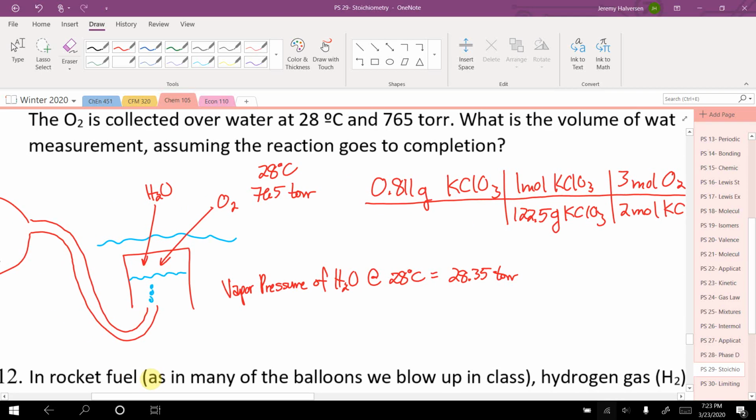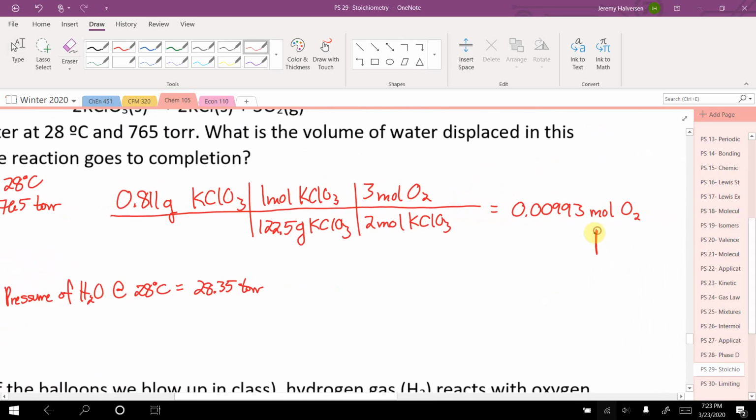All right, we have here the moles of oxygen. If we want to use the ideal gas law with the moles of O2, we're only going to get the pressure of O2. In other words, if we want to use the moles of O2, we need to use the pressure of O2. It doesn't make sense to use the moles of O2 and the total pressure.